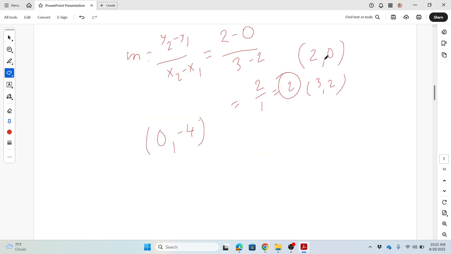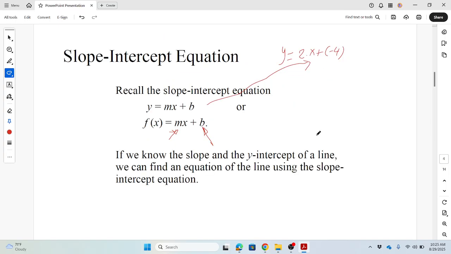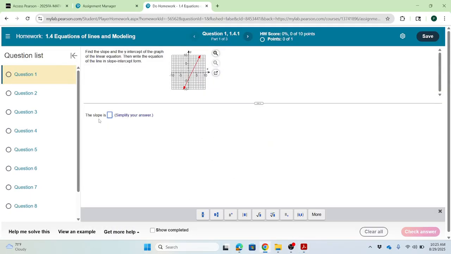Okay, so by using these two facts, our equation is y equal 2x minus 4. So that's the equation of this line. The slope is 2. Check the answer.